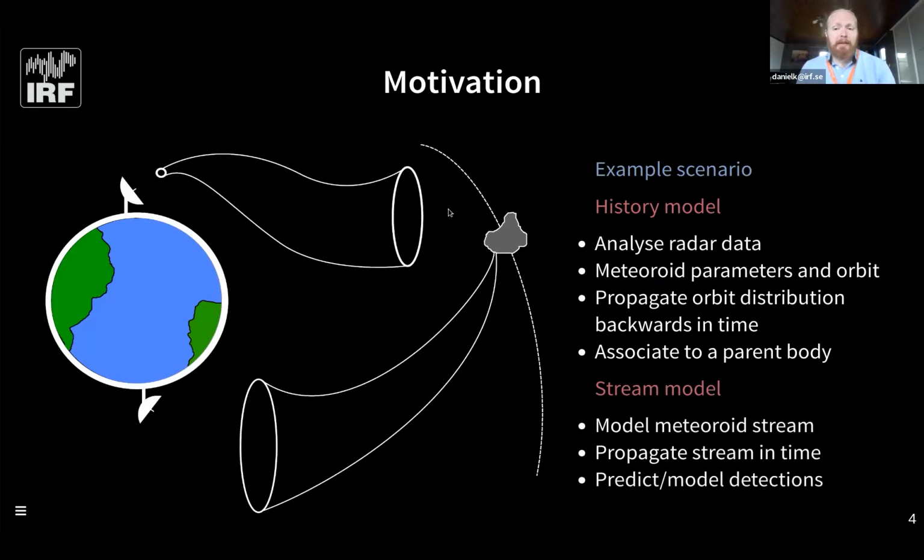But then we want to predict and model the detections that the radar system would have made of this simulated meteoroid stream, and then also compare what the simulations gave us to the measurements. Both of these scenarios rely heavily on having instrument functions, so having the bias functions or observability function of your instrument. They rely heavily on having very accurate uncertainties of your measurements and being able to look at individual events.